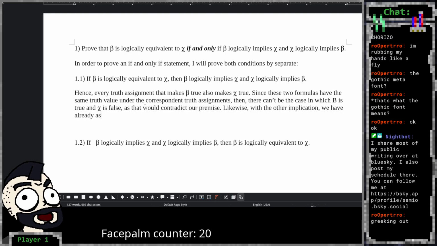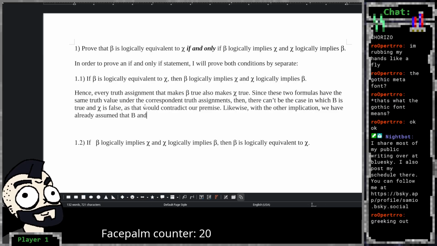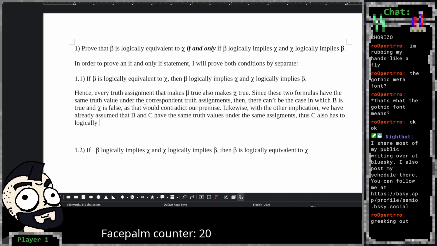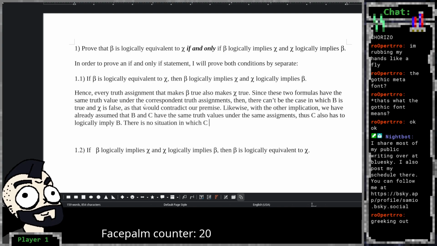We have already assumed that beta and chi, I will change them later, but you know that these are meta variables, have the same truth values under the same assignments. Thus, chi also has to logically imply beta. There is no situation in which chi is true and beta is not.